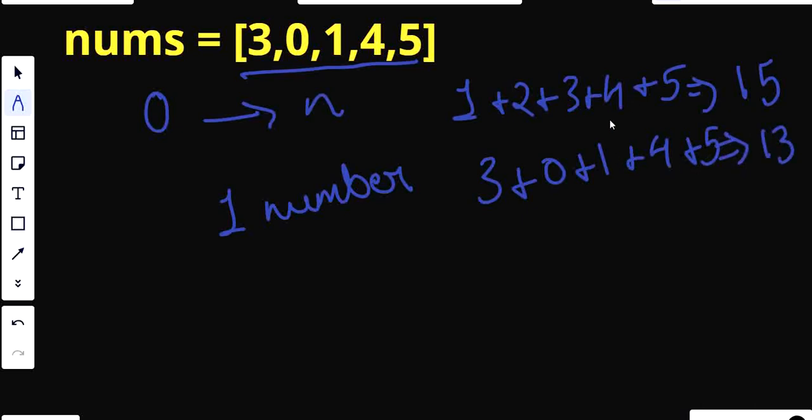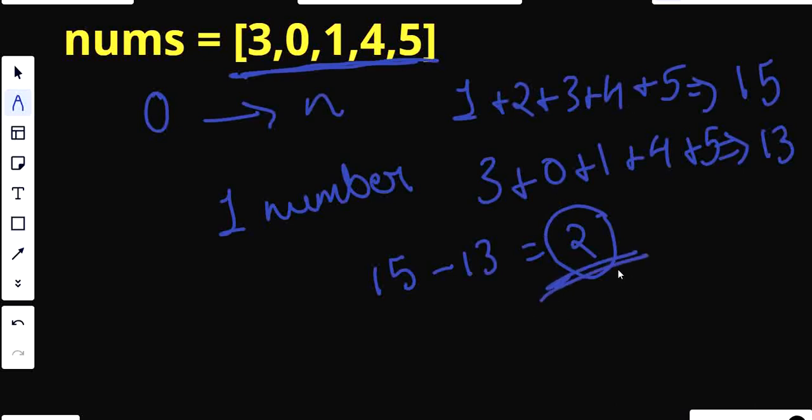If I subtract 13 from 15, I will get 2, and 2 is the missing integer. So this is the logic, right? We can simply subtract the sum of all the integers present in nums from the sum of all the integers in that range, and we will get the exact number that is missing in this array.